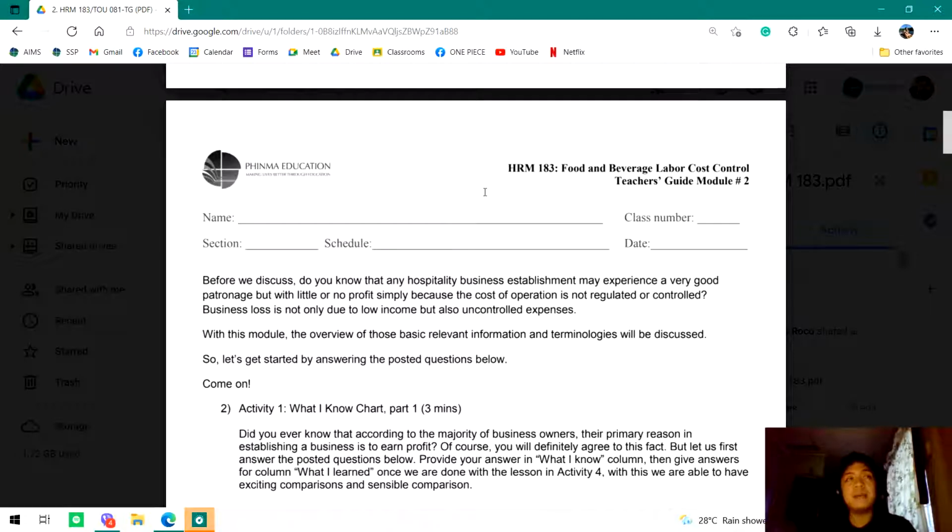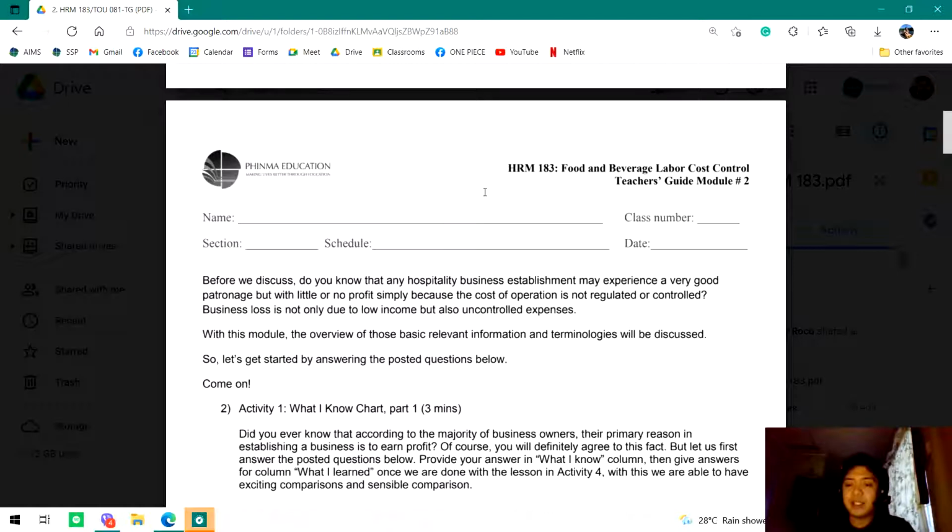Let's say, for example, bumiyahe ka, pupunta ng Divisoria. Gumastos ka ng, let's say, 50 pesos para sa iyong pagbiyahe.